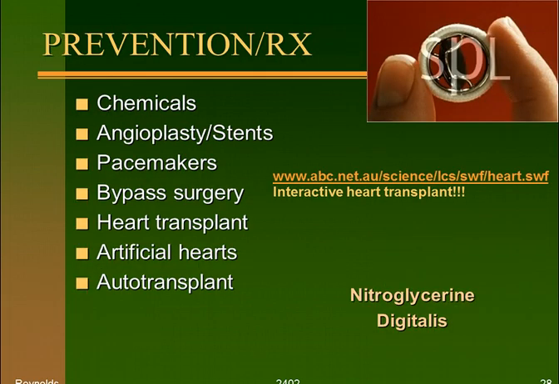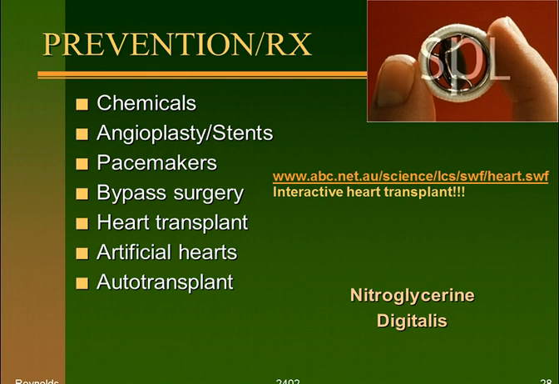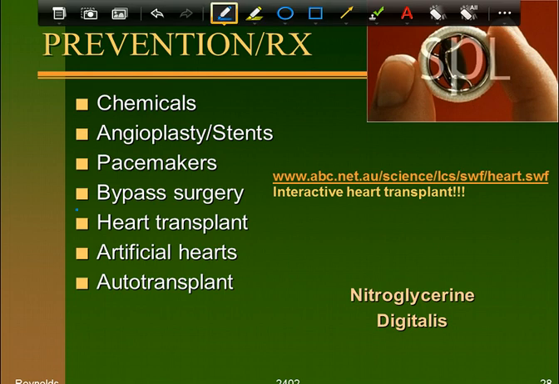By the way, there are a lot of little movies at some of those websites I showed you in the first cardiovascular video. So, some things we've talked about, some things we haven't. Haven't talked about heart valves. Here's an example of one. Right there. That's a prosthetic valve, or sometimes they still use pig valves. Various chemicals. Let me point out nitroglycerin and digitalis.